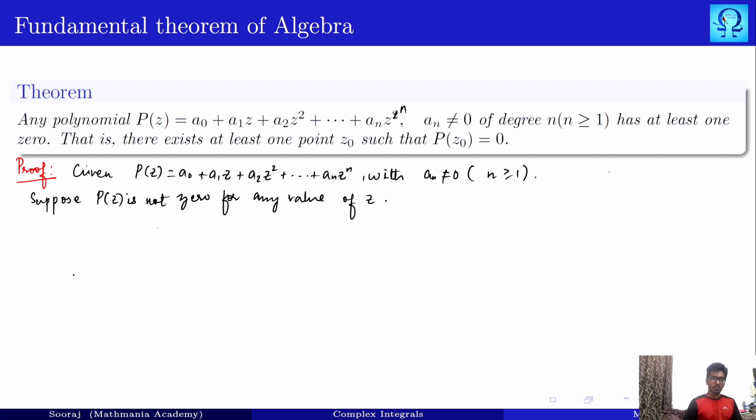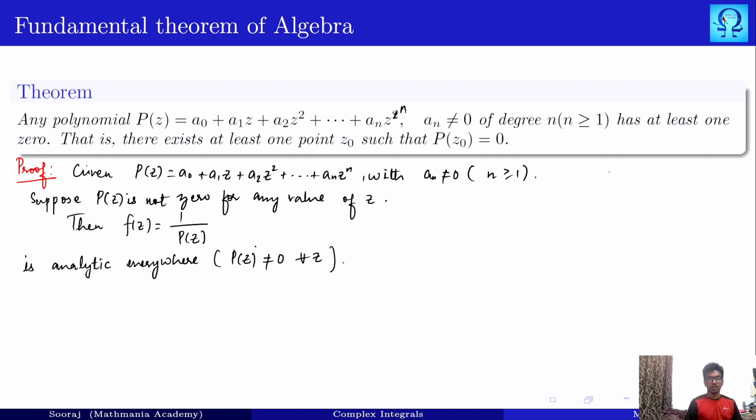When this is the supposition, then the function f of z, which is 1 upon p of z, is analytic everywhere. Why so? Just because p of z is not equal to 0 for all z.